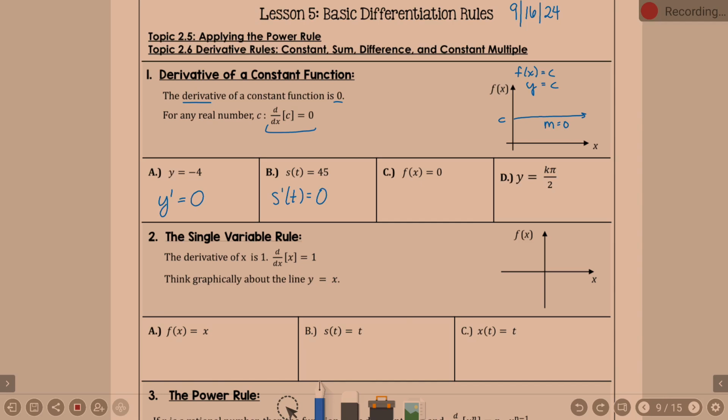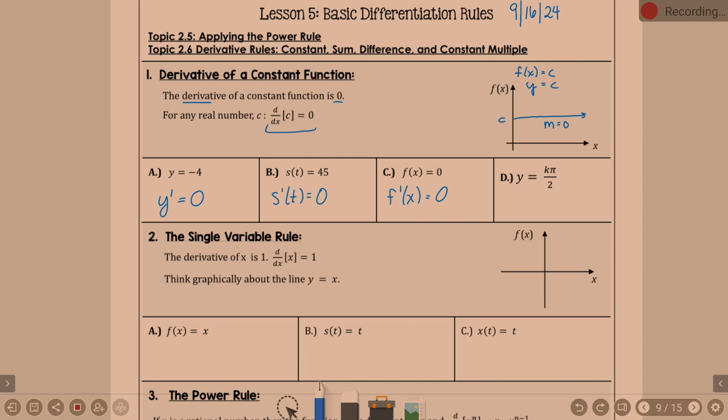Derivative of a constant function is always 0. F of x is 0. What's f prime of x? 0. Kind of a tricky one because my brain wants to go past that. But think again, what's the line y equals 0? It's a horizontal line, isn't it? So it's still 0.